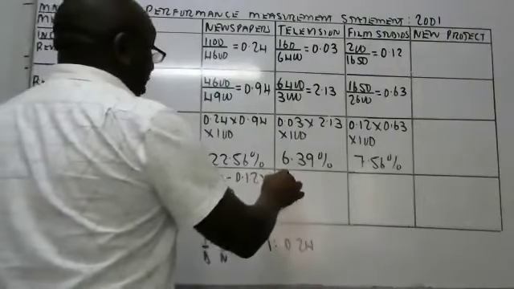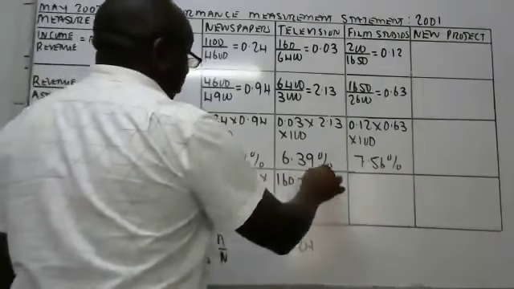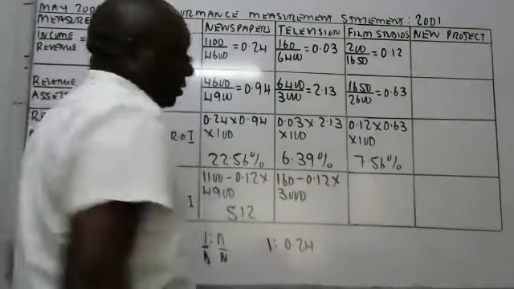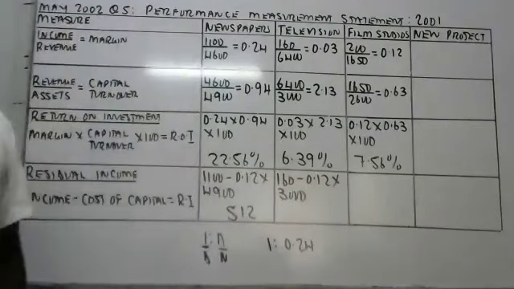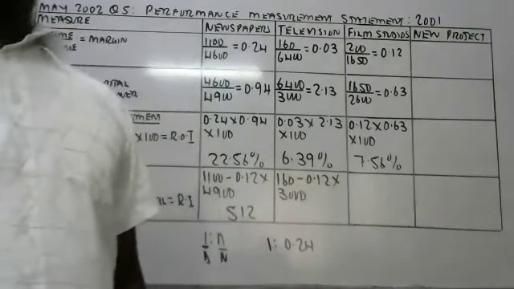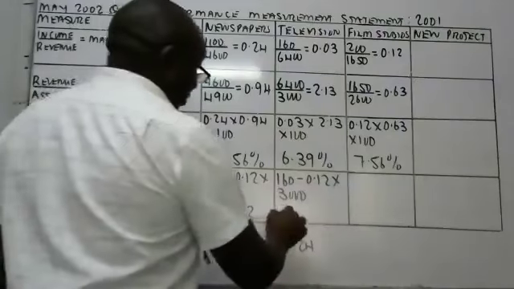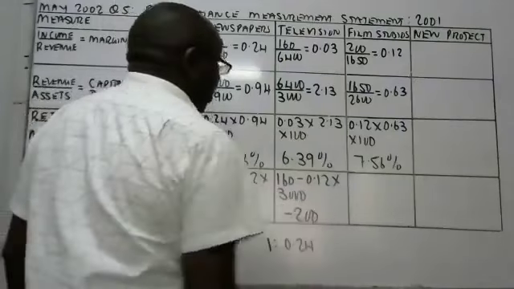This other one is 160 minus 12% of 3,000. Negative 200.